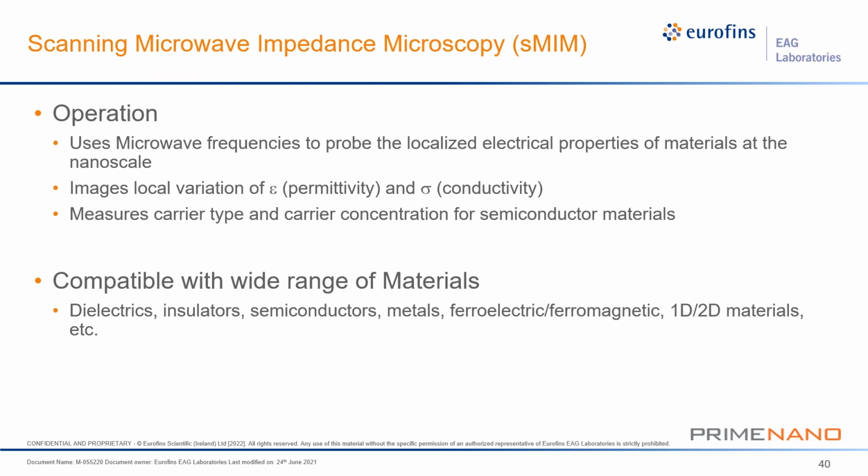SMIM enables us to measure both surface and subsurface information, and that's really one of the most unique properties of this technique. You may have heard of scanning capacitance microscopy in the past, but this is really a more modernized version of that, and gives us access to quite a bit more useful information.